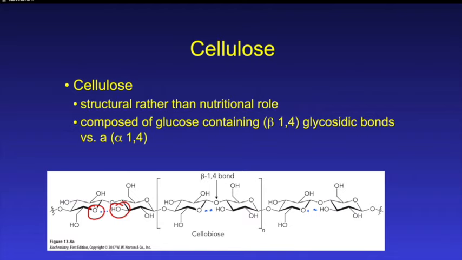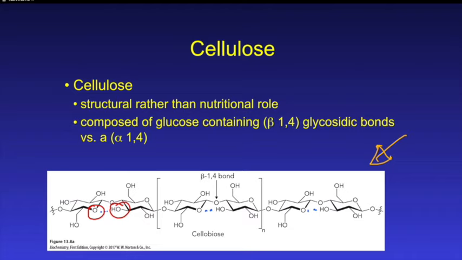And so if you think of the structural components of, let's say, a tree, the cellulose making up the wood, there's a lot of bonding that holds that wood together. Now, in terms of this particular molecule, it still is a polymer of glucose, and so potentially has glucose that we could extract as energy.